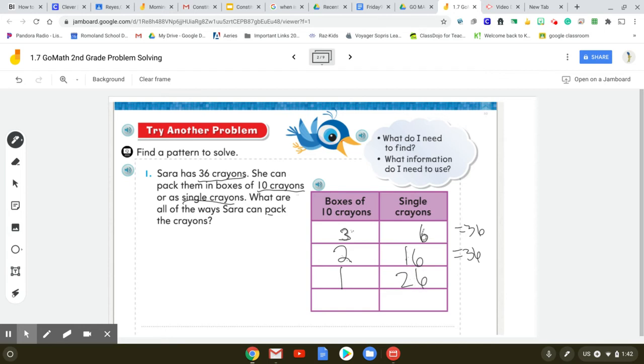That's 26. And remember, they all have to equal 36. And 1 ten plus 2 tens is 3. 3 tens plus 6 is 36. And in my last one, I'm going to take this last 10 and make it a 0 and have 36 single.